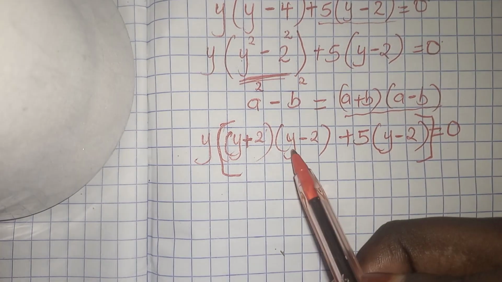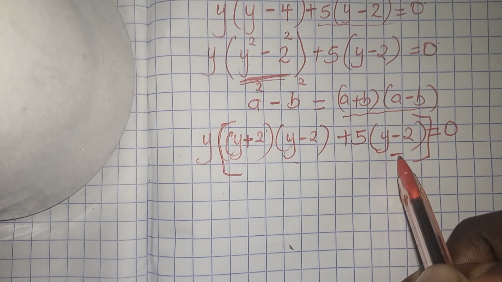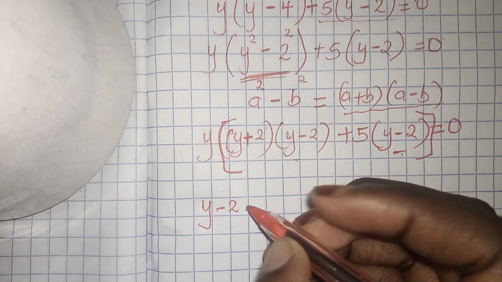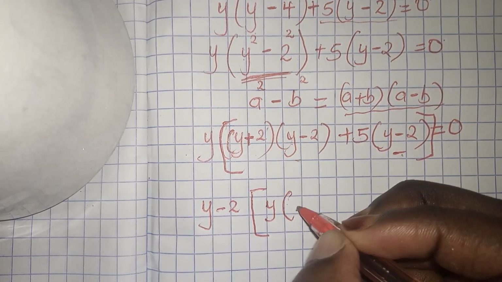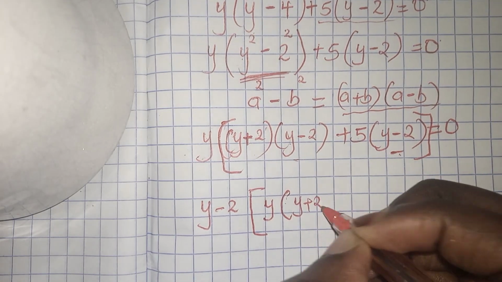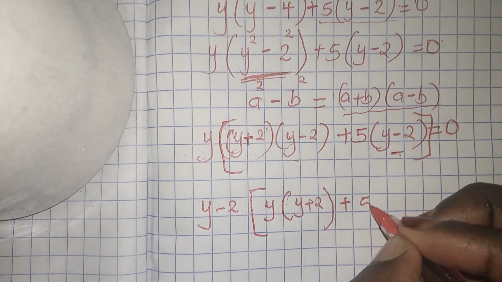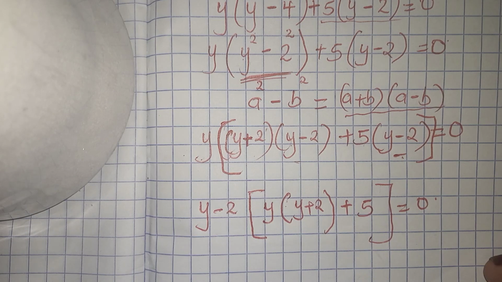Now you can see y minus 2, it's common. We have it this side and this side, so we can factor it out. So this will be y minus 2 into our bigger bracket, y into this y here, y plus 2, plus our 5 here, our bigger bracket is equal to 0, right?